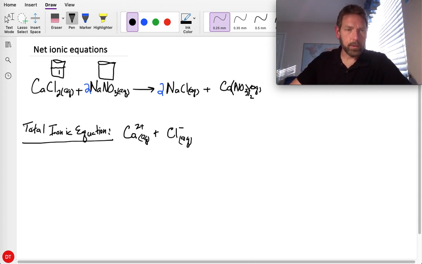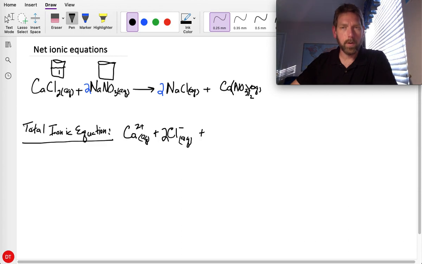But there's a 2 right here. Don't forget, it has to balance out the total amount. Okay? And we have 2 sodium ions and 2 nitrate ions. Now, you don't have just 2 of them. These are moles of them, so there's a bunch of them in there, right?